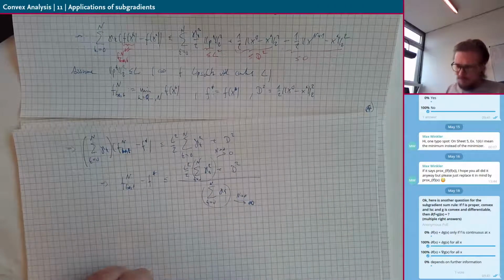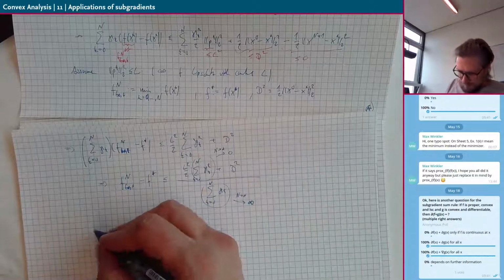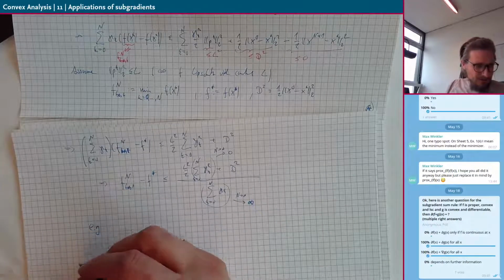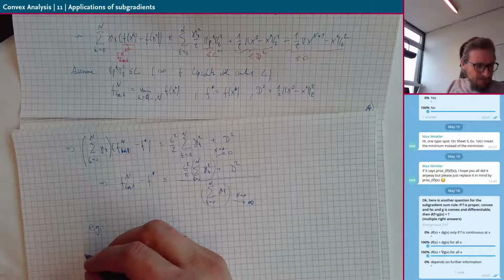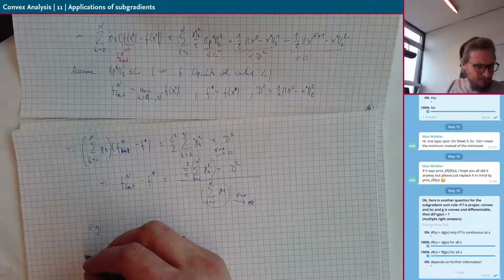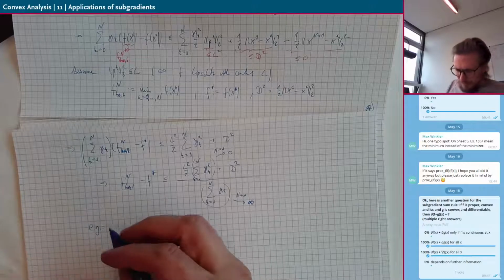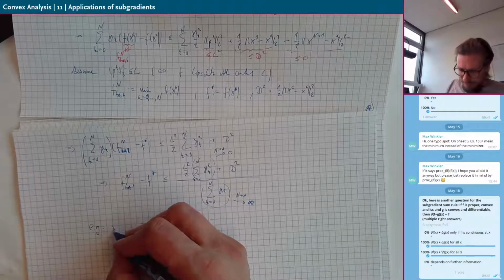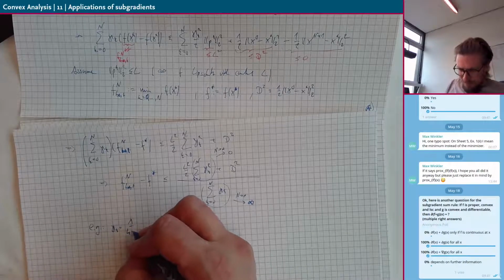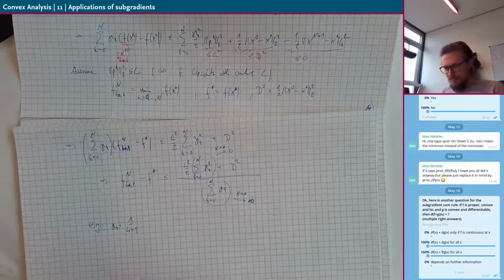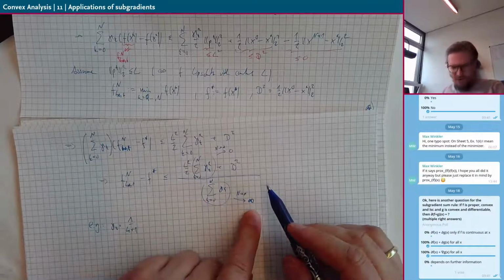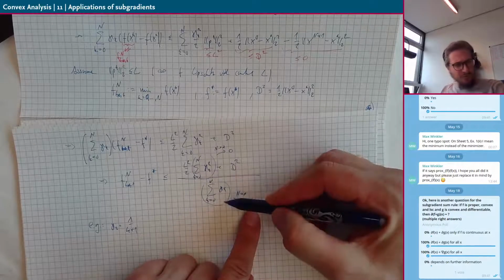The simplest example is probably gamma k equals 1 over k plus 1, using k plus 1 because k starts at 0. It would also be enough if the quotient of these two goes to 0 actually.